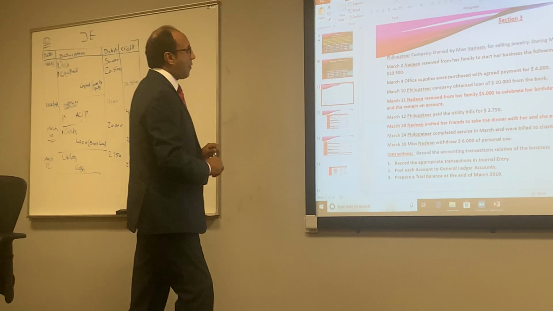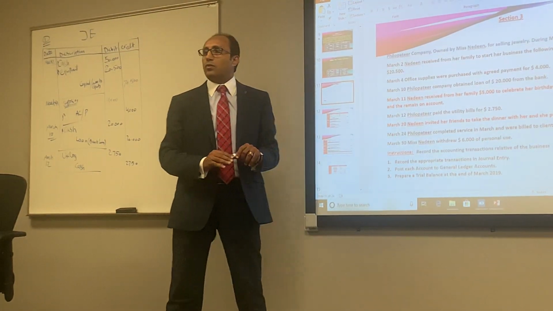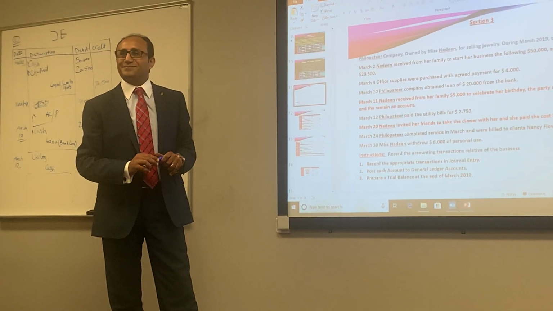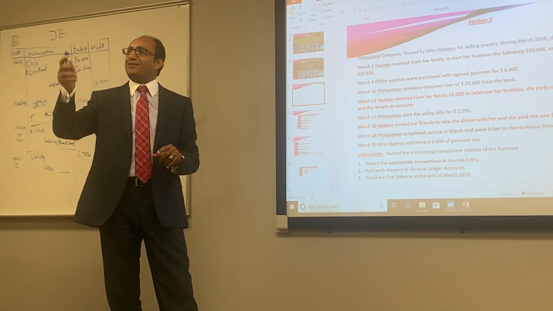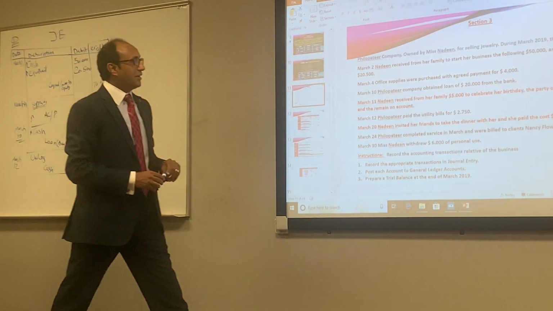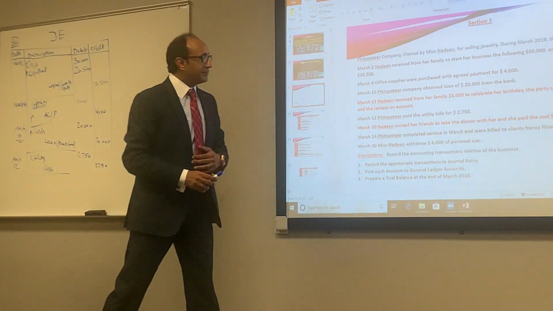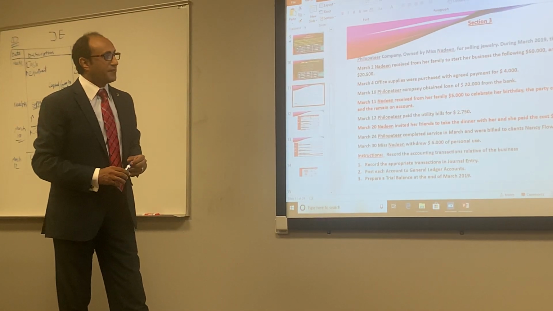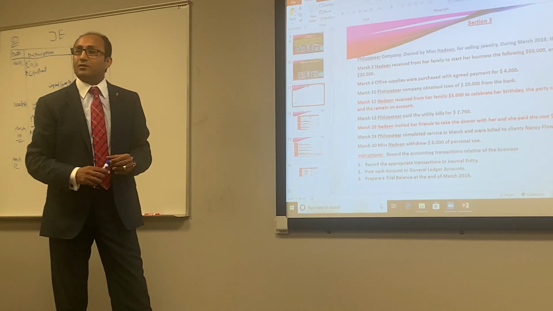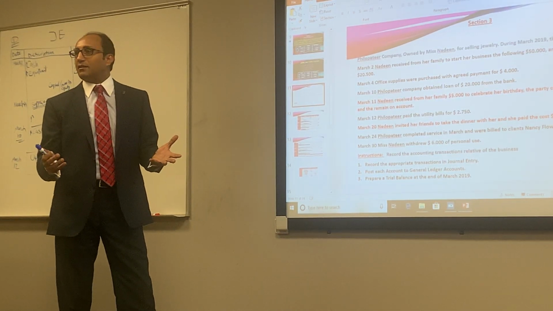Move on. March 24. Who can read? Do you want me to do it? Okay, Christian. Sorry. Philip Batir completed services in March and billed clients, Nancy Flowers, $18,300. What does that mean?